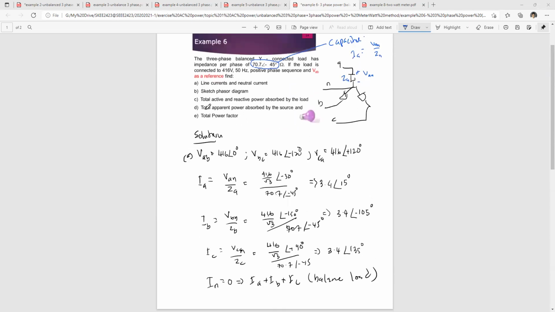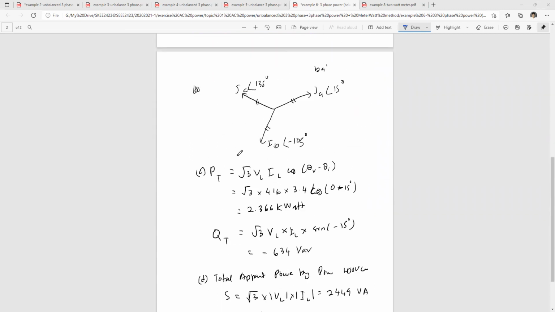The next question is the total active and reactive power absorbed by the load. This is a three-phase system, so there are two equations you can use: either V phase and I phase, or V line and I line. In this case, I use V line and I line.